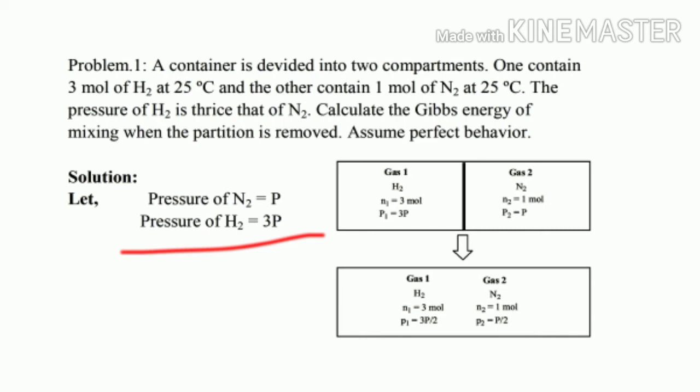So the pressure of hydrogen gas is 3P and that of nitrogen gas is P. When the two gases are mixed together, the partial pressure of hydrogen becomes 3P by 2 and that of nitrogen becomes P by 2. This is because when the two gases are mixed, the partial pressure of each gas is equal to half of its individual pressure before mixing.